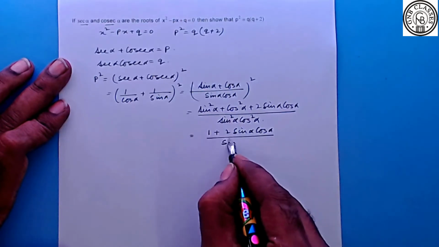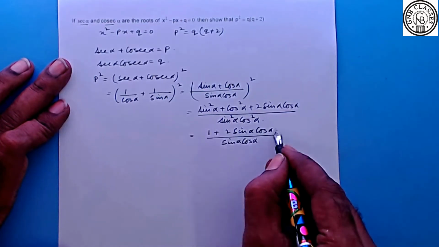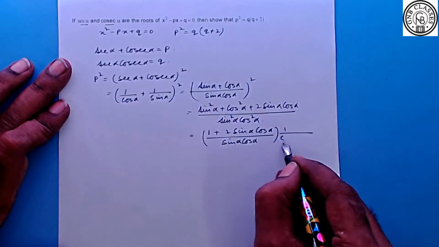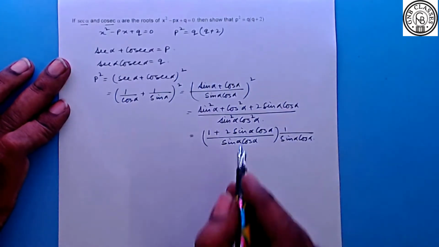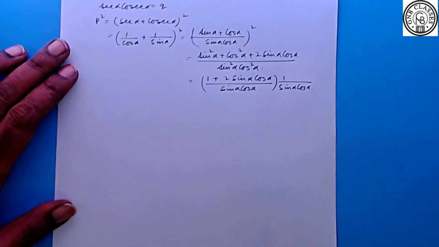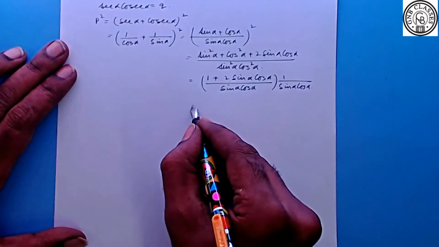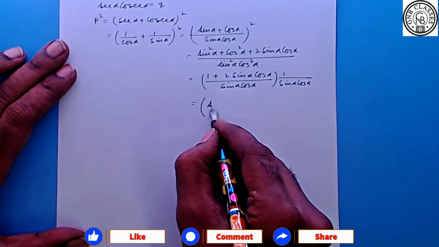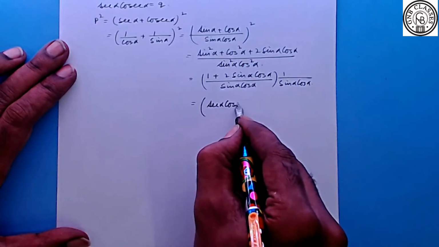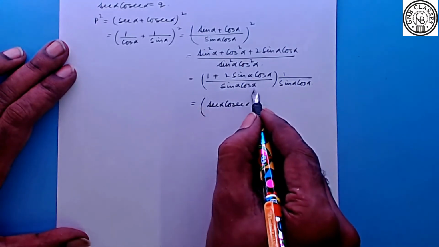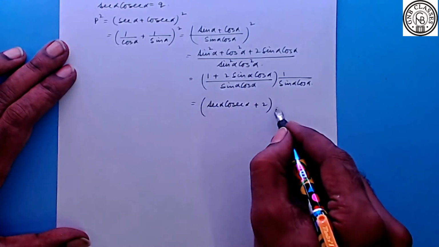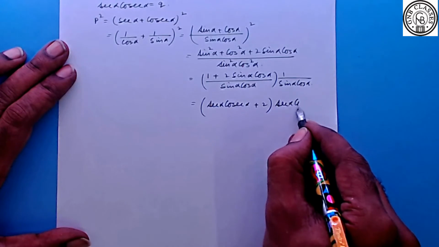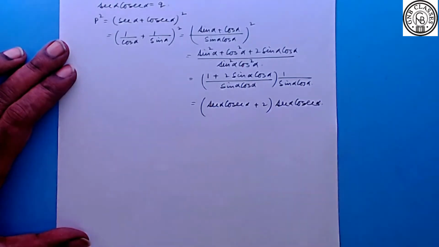Let me keep one sin α cos α inside and one sin α cos α outside. So if I separate in the bracket, we are going to have sec α cosec α, since 1 by sin α cos α is sec α cosec α, plus 2 into sec α cosec α.